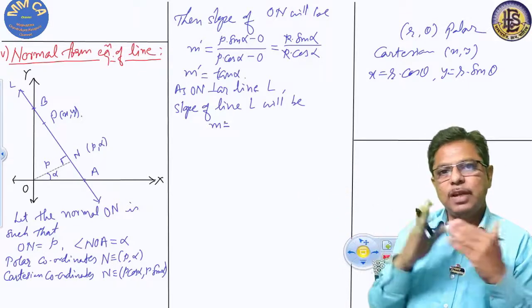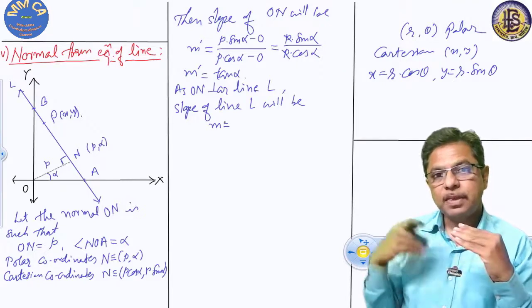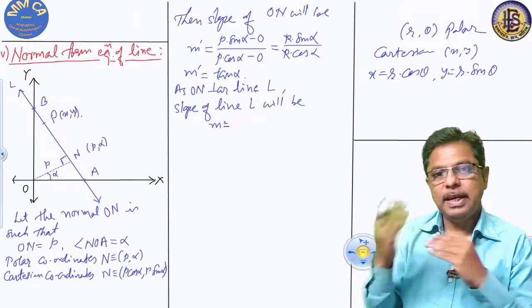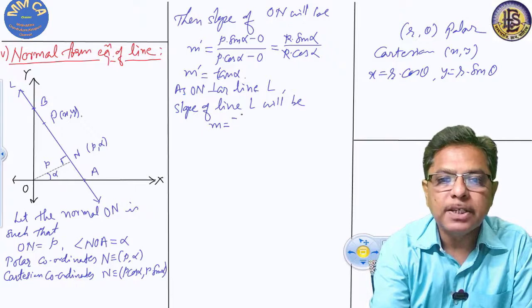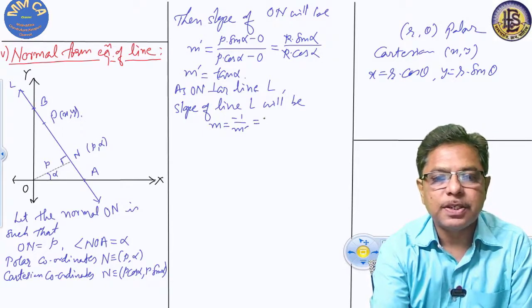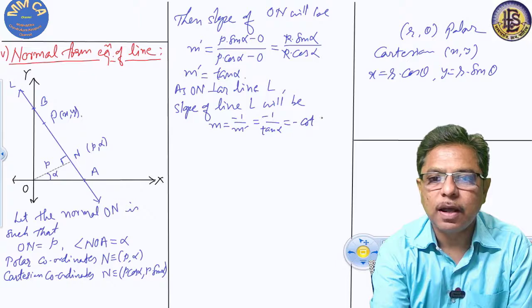What is that? If two lines are perpendicular to each other, then their slopes are negative reciprocal of each other. So M will be minus 1 upon M dash, that is minus 1 upon tan alpha, and now it will be minus cot alpha.